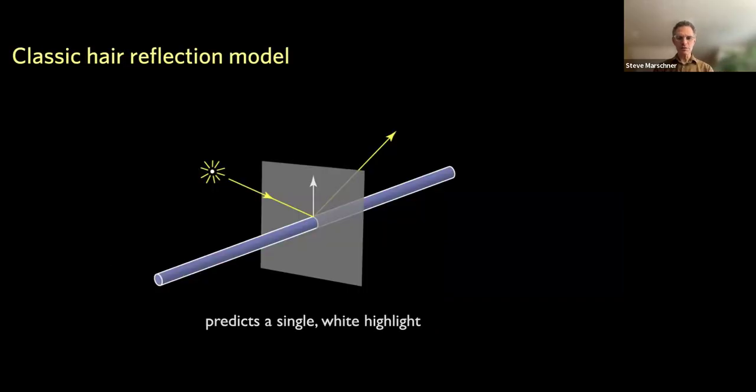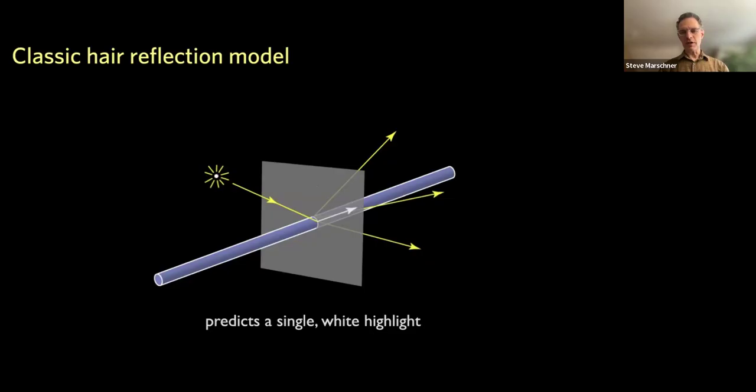The simple explanation for this is that hairs are kind of like reflective cylinders. You have a long cylinder, and all the surface normals of that cylinder are perpendicular to the axis. If a bunch of parallel rays come in, these different rays encounter different normals, but the normals are all in that perpendicular plane, and each of these rays reflects across that normal.